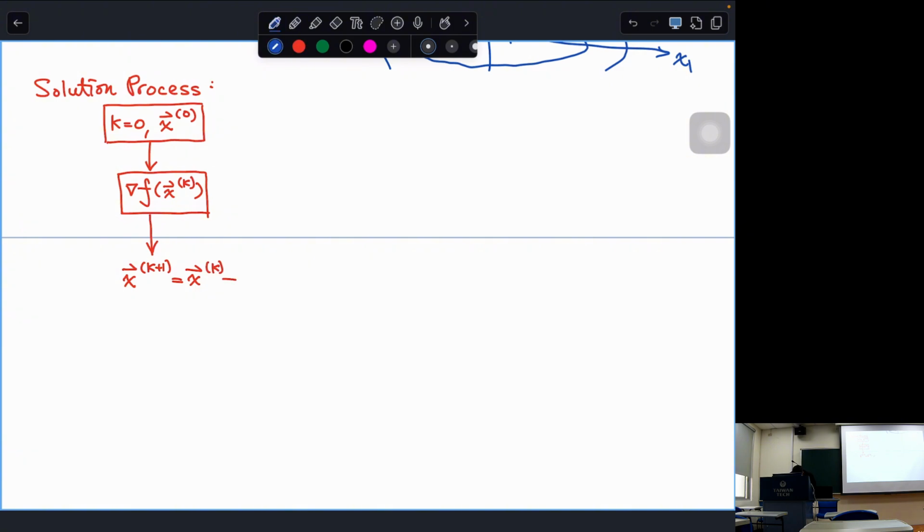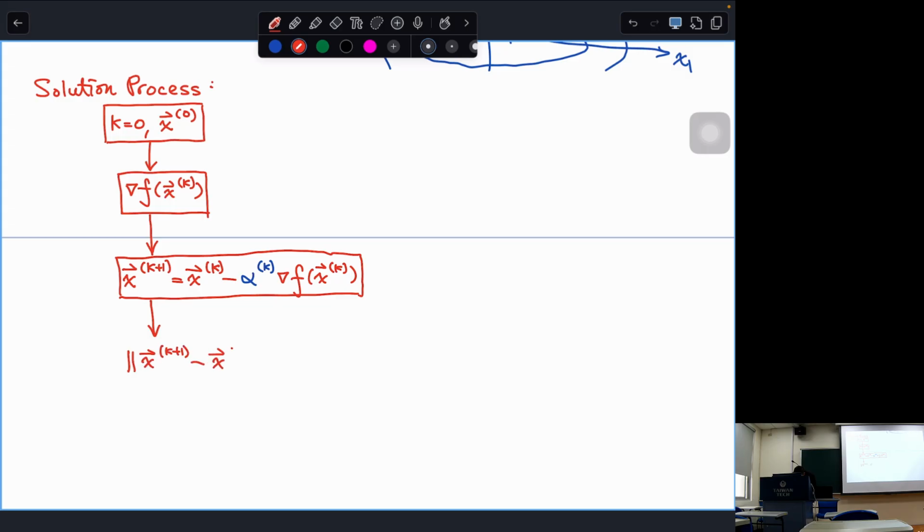I will use a different color. If I know alpha, then I will do the usual convergence check. A small number.